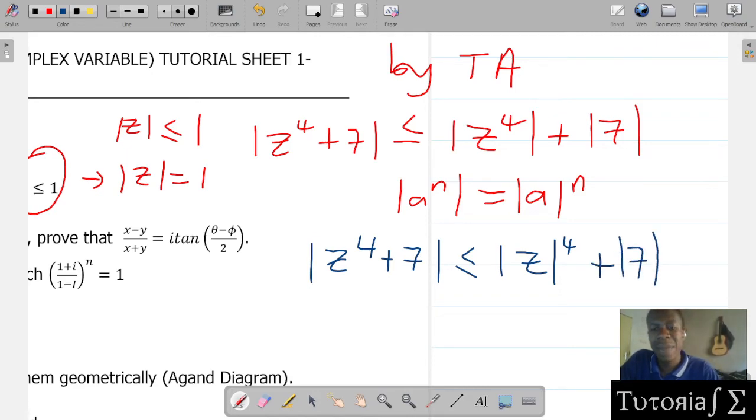But the maximum of this, we're going to say but z modulus is equal to 1 for the maximum.